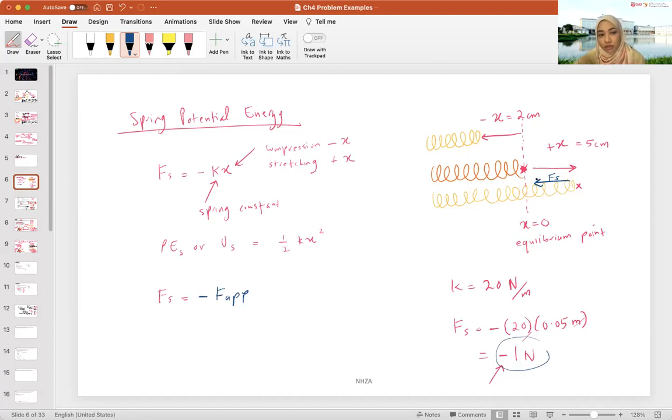So if Fs is to the left, F applied is to the right because it will be the opposite of Fs. So if Fs is minus 1, this guy will be minus of minus 1, which is 1 Newton. Positive force tells me that it is to the right. So F applied is to the right. Okay, so this is about the conventions of your direction.